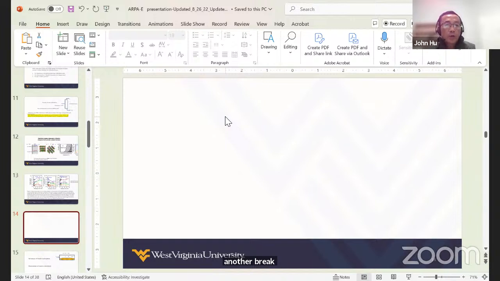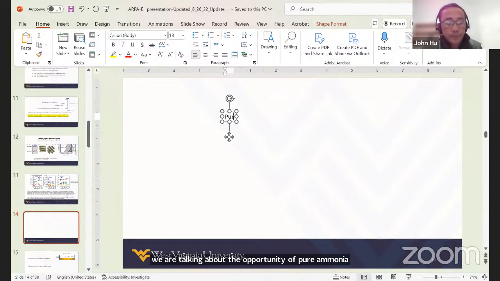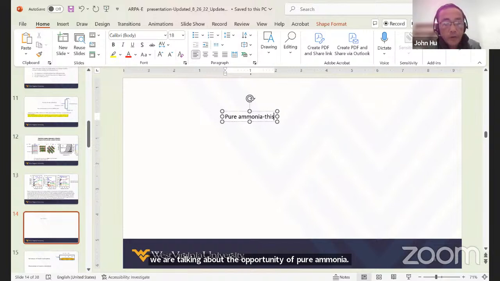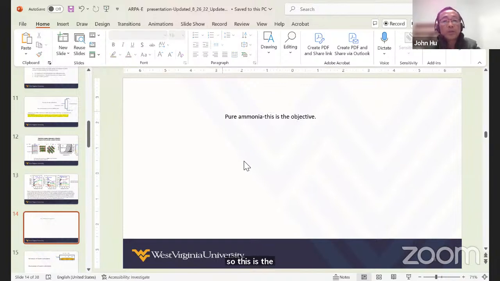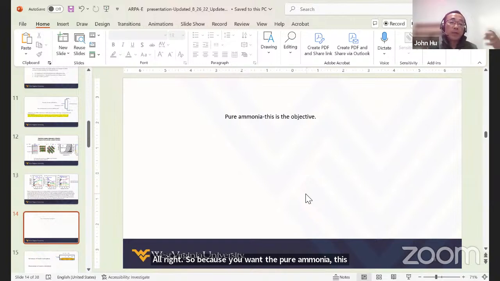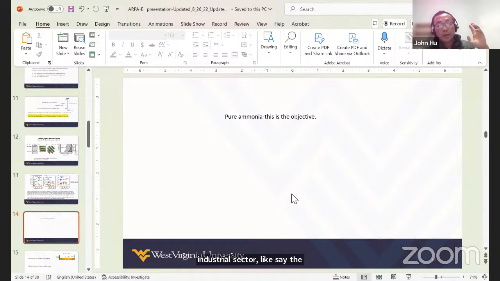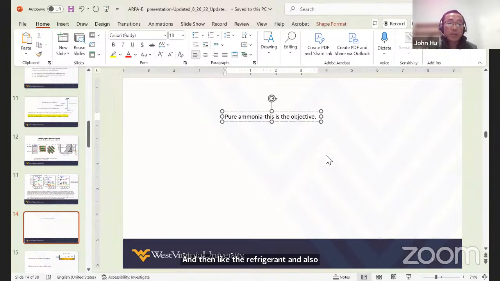All of the separation we are talking about is for obtaining pure ammonia. This is the objective, because ammonia can be utilized in many industry sectors, like fertilizer, refrigerant, and today ammonia can even be combusted.